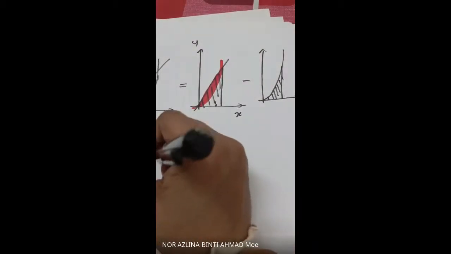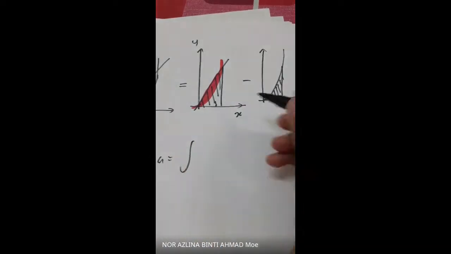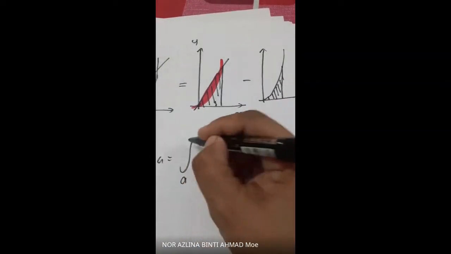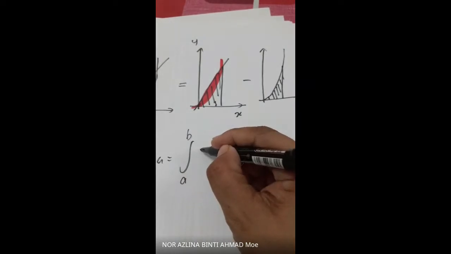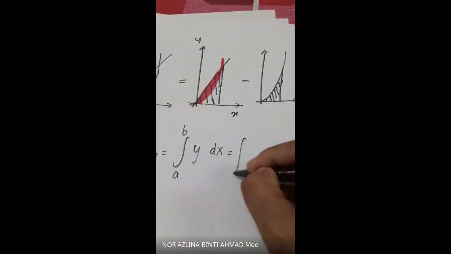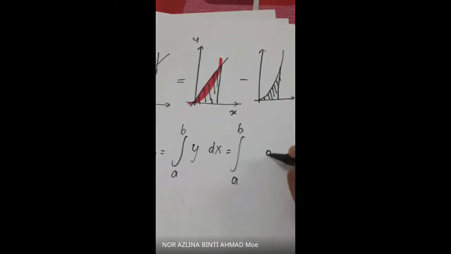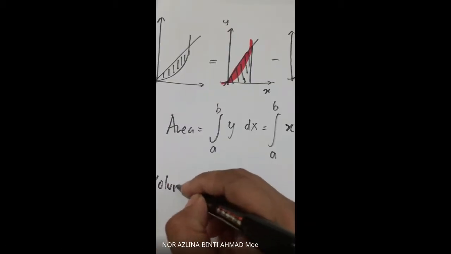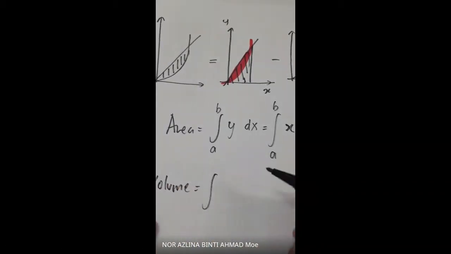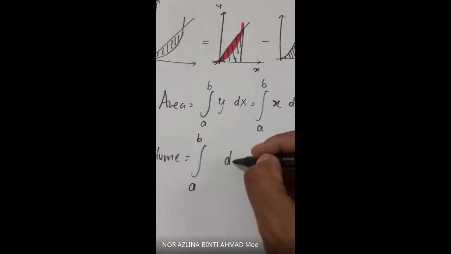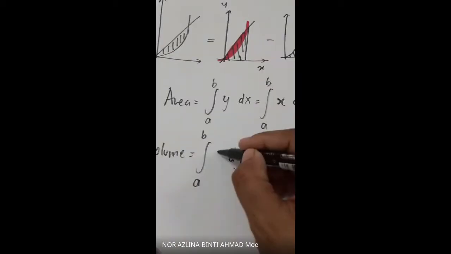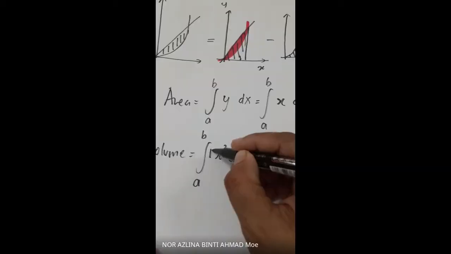So, conclusion. Area equals integrate, if dx from a to b, here must be y. Or if from a to b, here dy, so here should be x. If volume is generated about the y-axis, from a to b, here must be dy, and here should be x squared and pi.